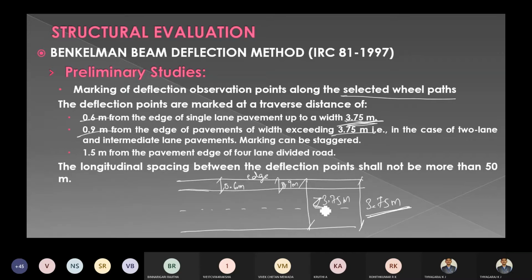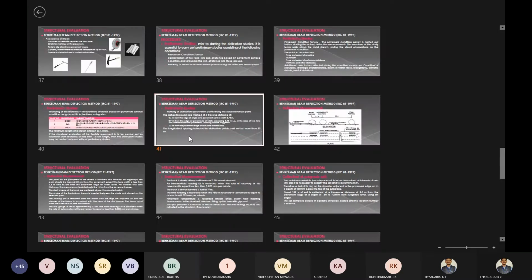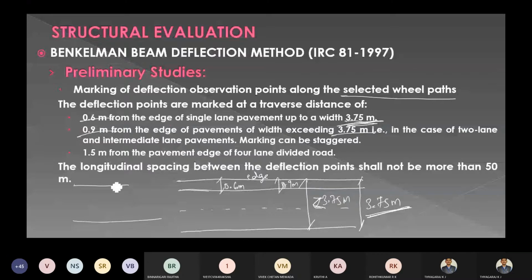And the marking points, I will show here. The marking points should be staggered in nature, like this. And one point from the pavement edge for a 4-lane divided road.